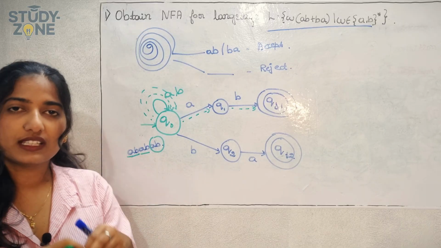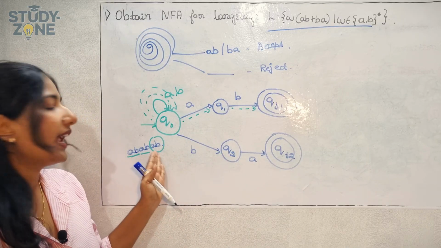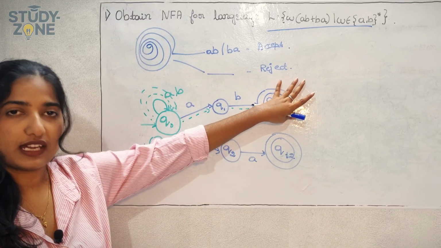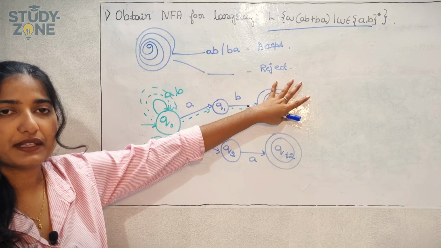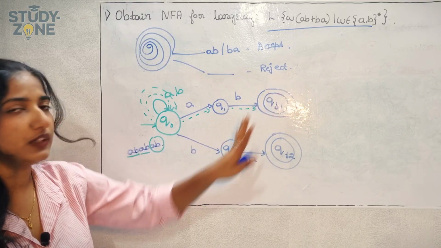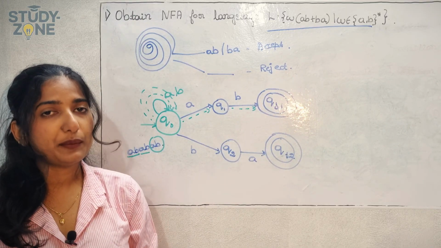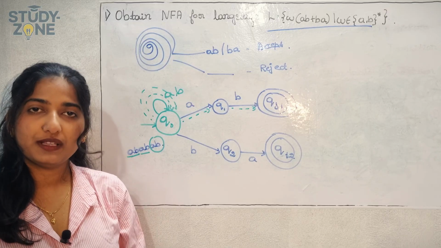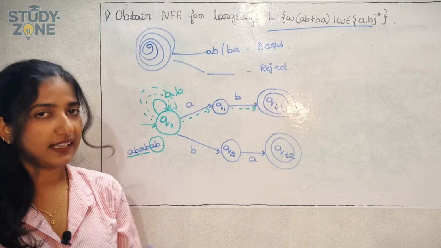So this one is not getting accepted, because at the ending I have two more ab, but here there is no state, which means here the trap is a dead trap. So what is the main characteristic of an NFA? It will check all the possible ways in parallel.